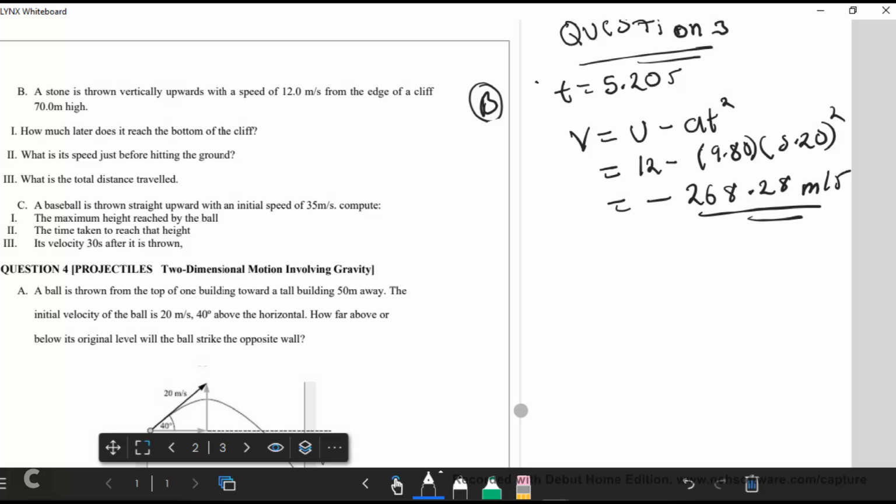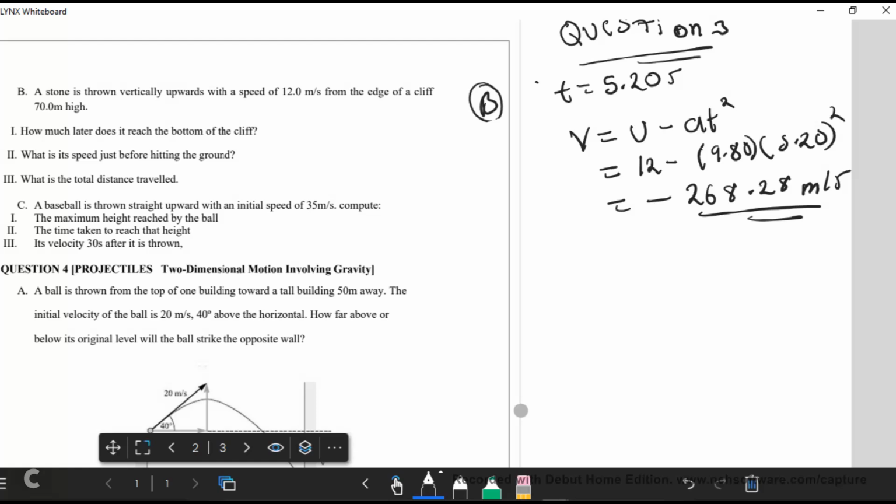So this is how you solve your answer, just like that, right? So I said 12 there, minus 9.81 times 5.2 squared. I'm finding something else, just wait a minute.